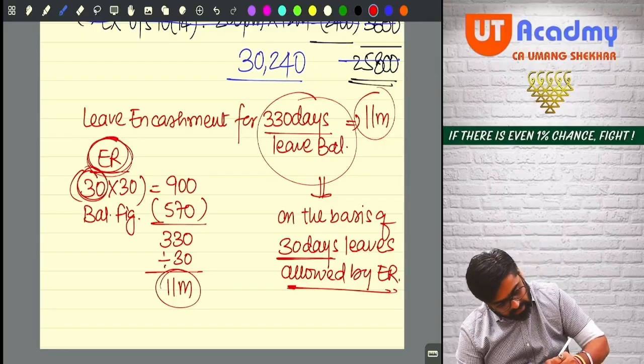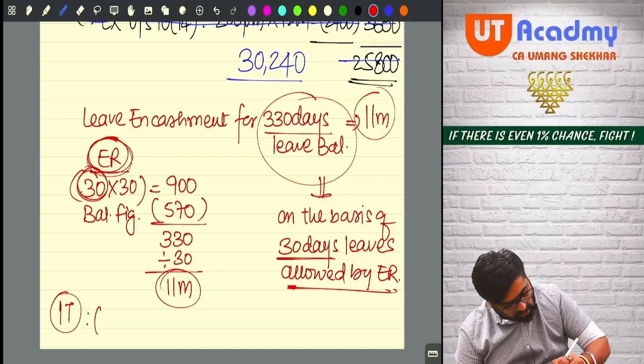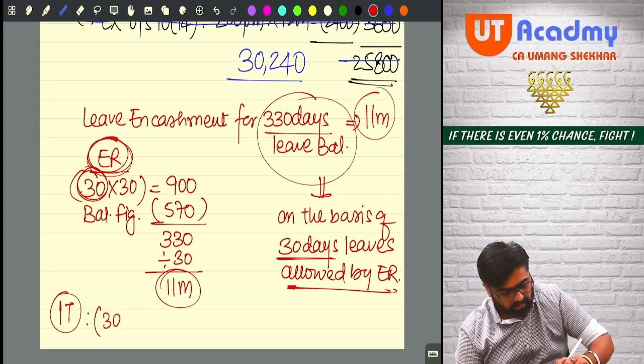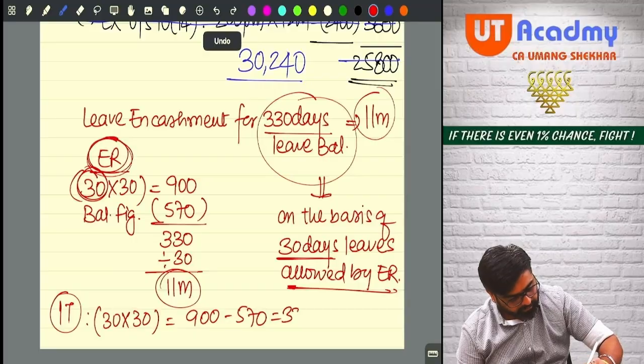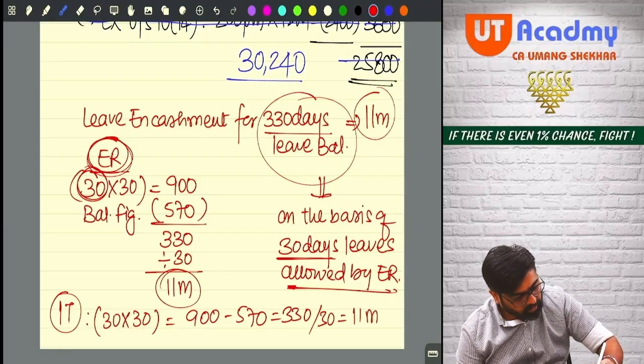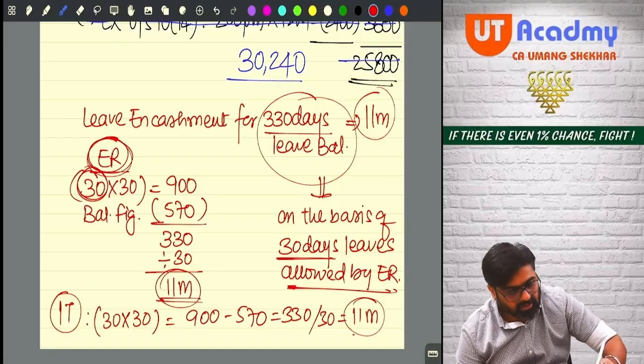If you calculate the same as per IT rules, here IT rules also says that maximum 30 into 30 is equal to 900 minus 570 is equal to 330. Divided by 30, you will get 11 months. So as per IT rules also you are getting 11 months, no?